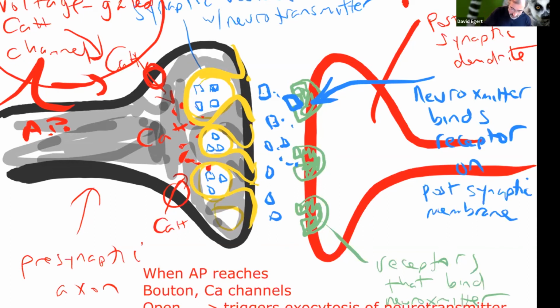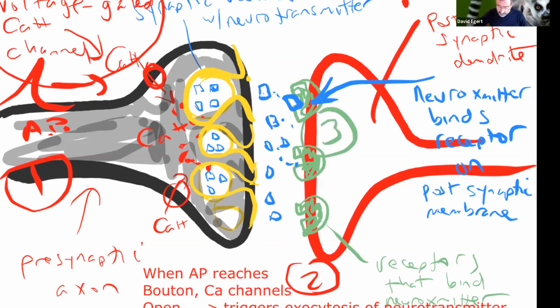Right? We had the action potential, which then caused the release of calcium and the exocytosis of neurotransmitter, which then drifts across and binds the receptor. What's going to happen now on this next neuron? What is the response to binding the receptor going to be? What do you think?